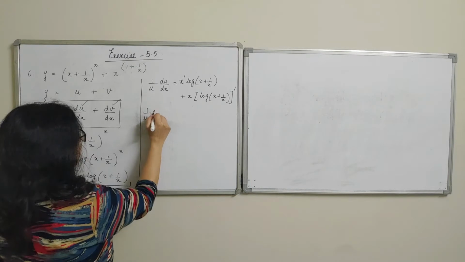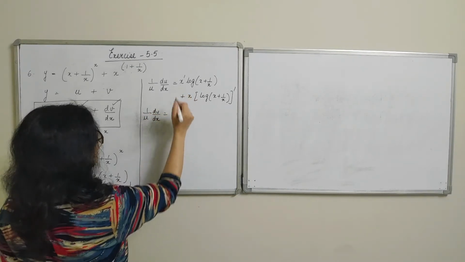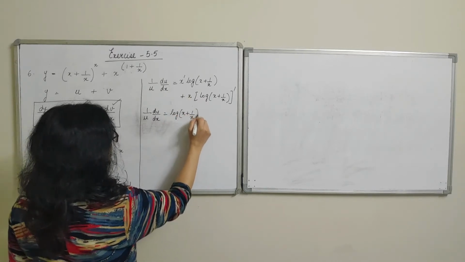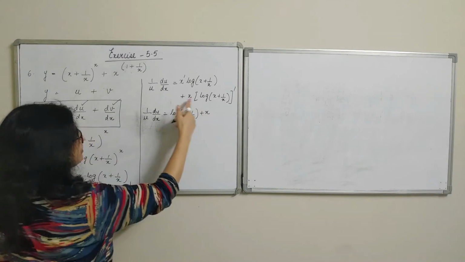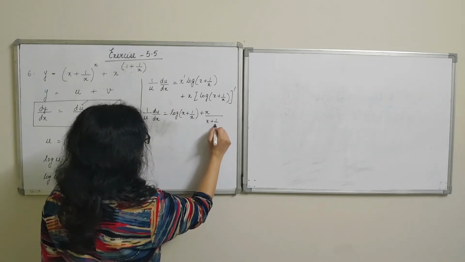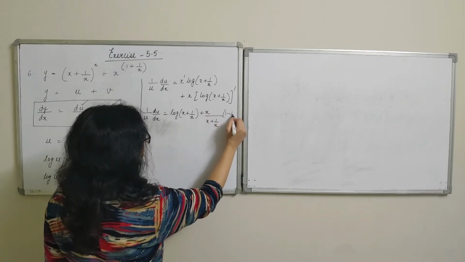So left side is 1 upon u du by dx. On the right side, derivative of x is 1. So the first term is log(x plus 1 upon x), and the second term x, differentiating this we get 1 upon (x plus 1 by x), and differentiating x plus 1 by x we get 1 minus 1 by x square.